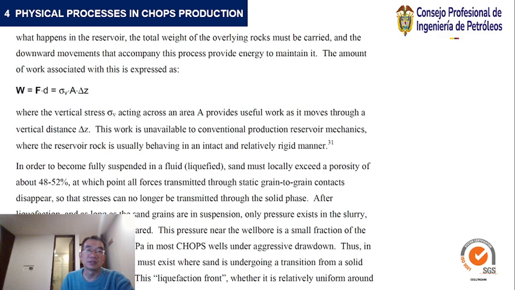What happens in the reservoir? The total weight of the overlying rocks must be carried, and the downward movements that accompany this process provide energy to maintain it.